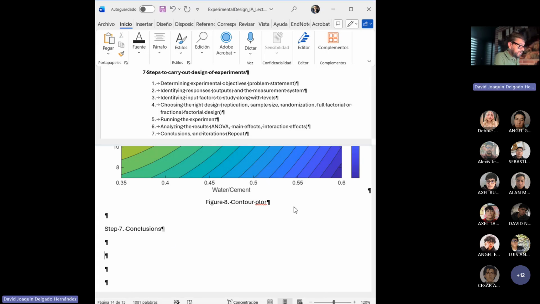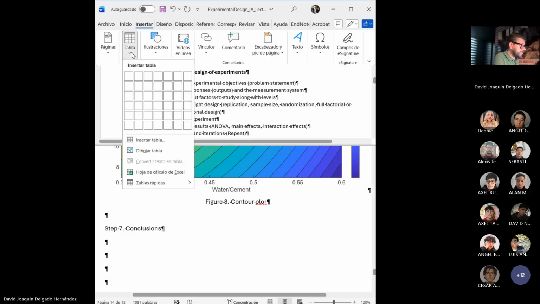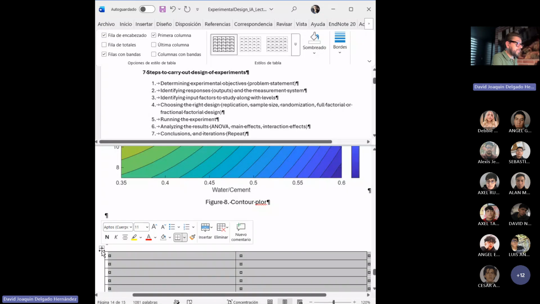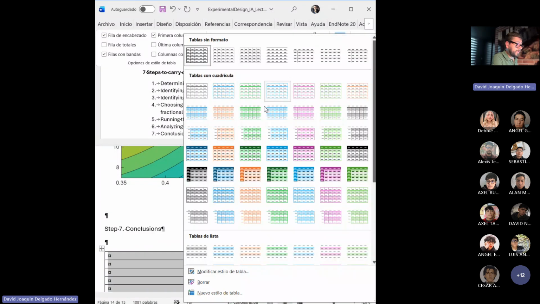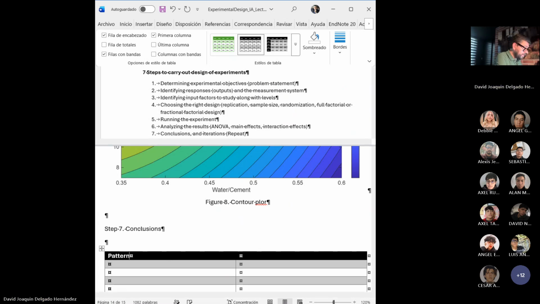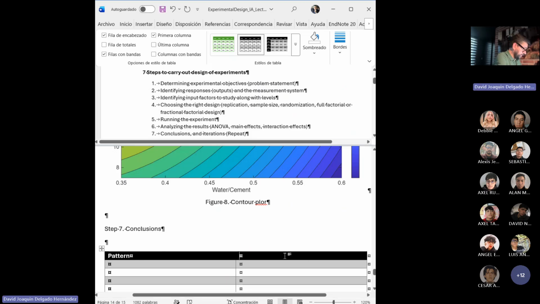So let us put here a table quickly. So insert table. Here we are. So let me put here in this way, in a beautiful way. Okay. So you can see the pattern. And here in this column, we are going to have the meaning or the interpretation.